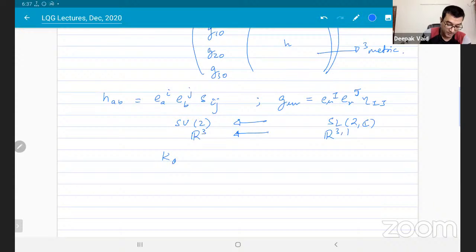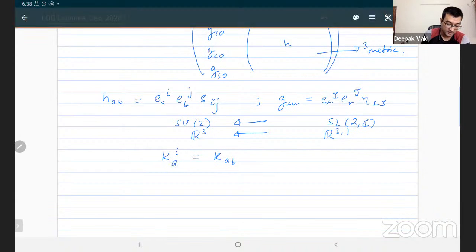Now we have the other degree of freedom, which is the extrinsic curvature. So we want to introduce something expressed in terms of the tetrad. So what we do is we introduce an extrinsic curvature Lie algebra valued form. So this is a Lie algebra index, and this is the spatial index.